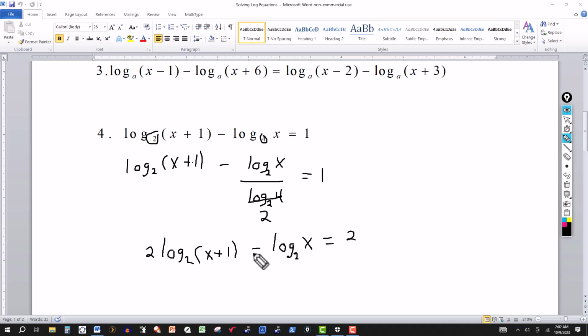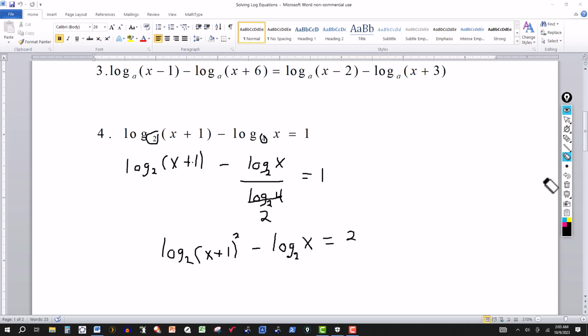Now, I'm going to be working with these two, making this into a single expression. But to do that, I have to get rid of this coefficient. So I'm going to bring this coefficient here and make it an exponent. That's one of the properties that we had in the first part of the video. So this will be a 2 here then. Now this 2 comes here as an exponent. So then I'll just delete this one here.